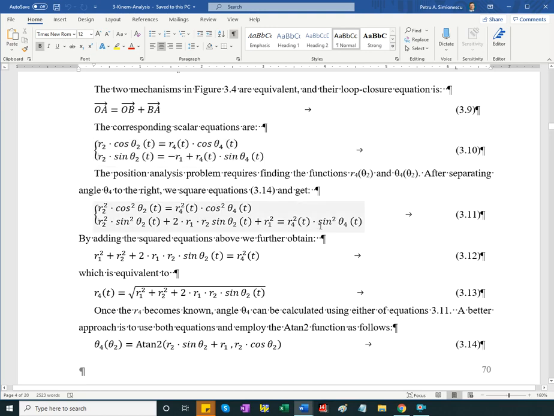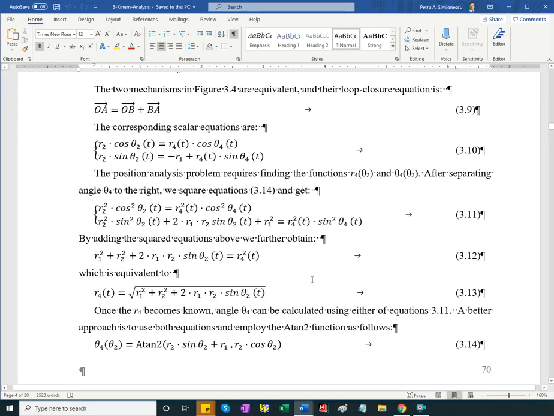After adding them, the theta 4 trig function disappears: cosine squared plus sine squared equals 1. And we obtain a quadratic in the unknown r4. Is it quadratic? No, I'm sorry, I take it back. So we just saw we can solve for r4.